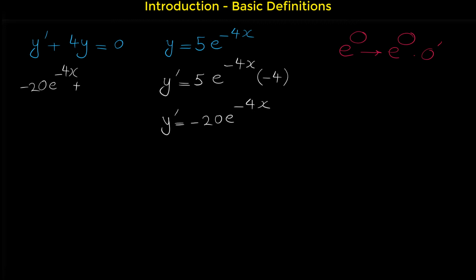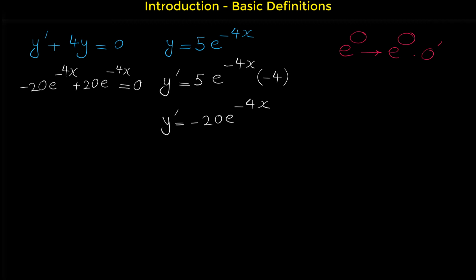If we multiply 4 in this expression, we get 20 e to the negative 4x. Negative 20 e to the negative 4x plus 20 e to the negative 4x equals 0. And this shows that this function is a solution for this differential equation.